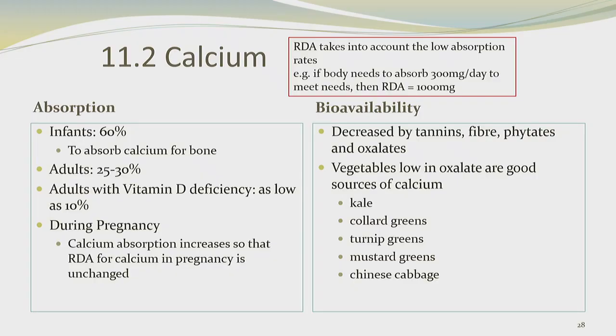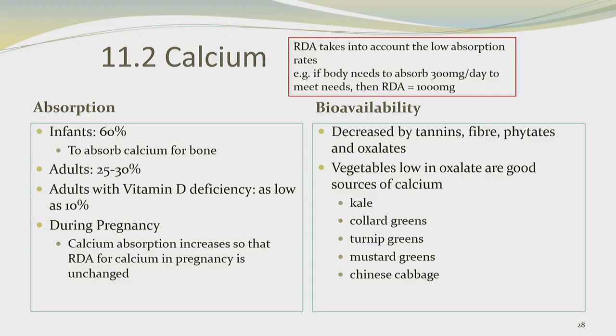So the RDA for calcium during pregnancy remains unchanged, in spite of the fact that a pregnant woman needs more calcium to support the development of the fetal bone. And that value is not changed because the body is able to absorb much more in the second trimester and even much more in the third trimester to make sure that the infant has enough calcium to support normal growth.